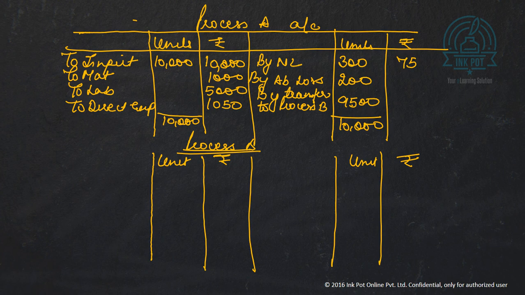10,000 plus 1,000 is 11,000, plus 5,000 is 16,000, plus 1050 is 17,050. So I am writing here in the working notes. One second.